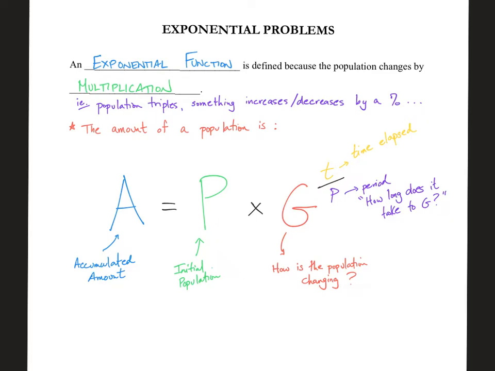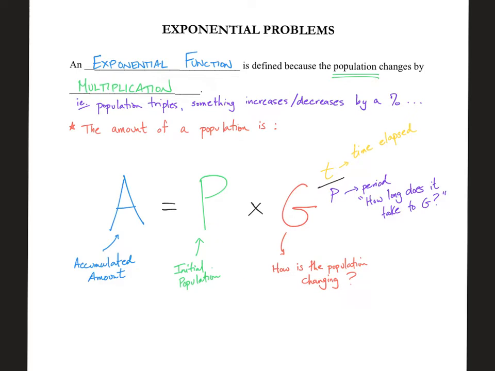So what you see in green is that we can understand that something is exponential because of repeated multiplication. And you see at the top of that screen the use of the word population. I just want to make sure that we're good, that when I underline population, I don't necessarily mean people. I just mean a group of something. That something could be dollars.